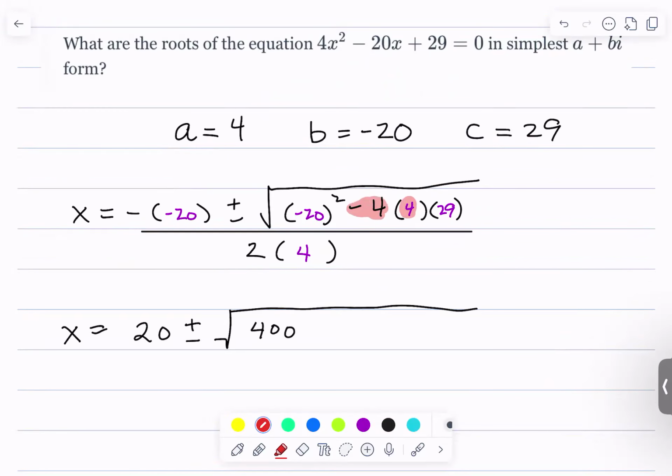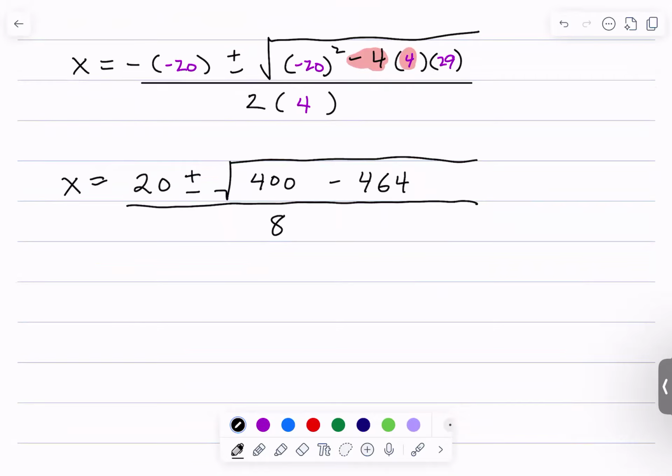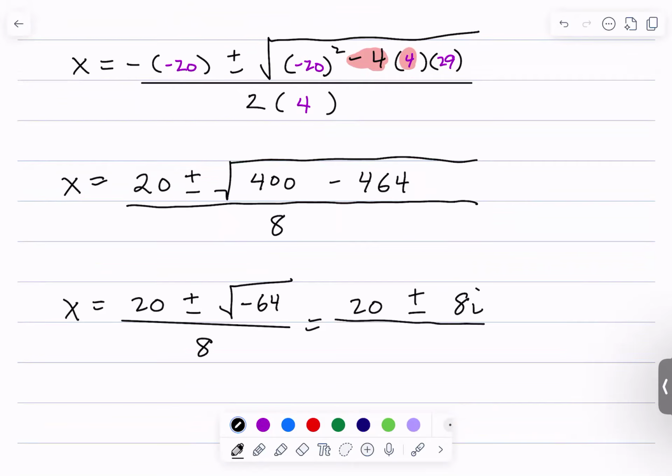So negative 16 times 29, that's negative 464, all over 8. 2 times 4 is 8, right? So this would be x equals 20 plus or minus square root of 400 minus 464, which is negative 64, divided by 8, which you would get 20 plus or minus 8i all over 8.